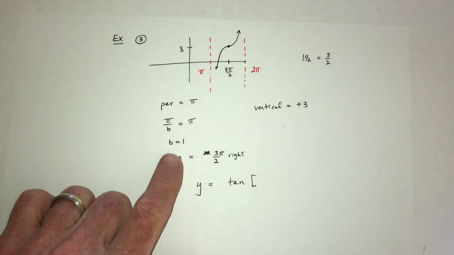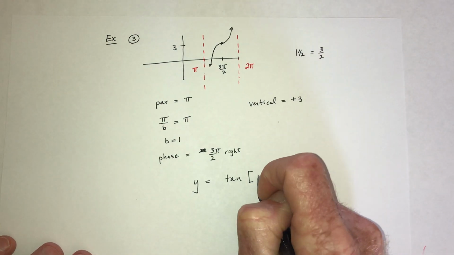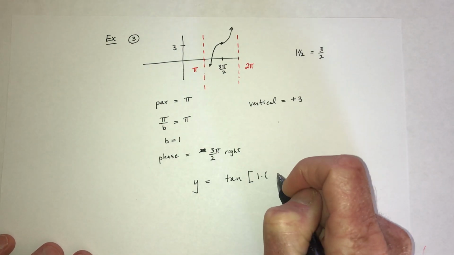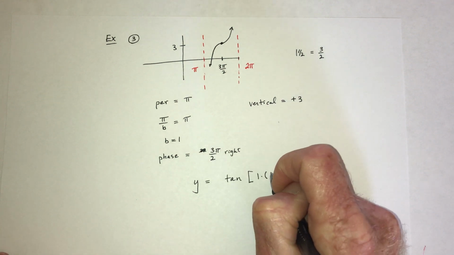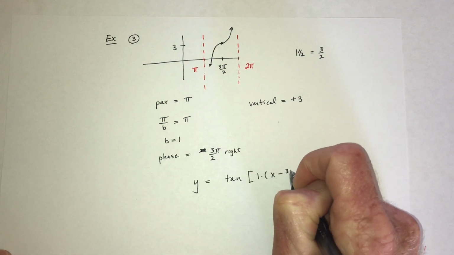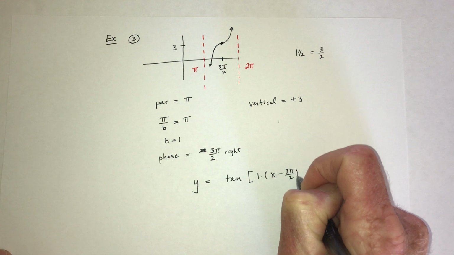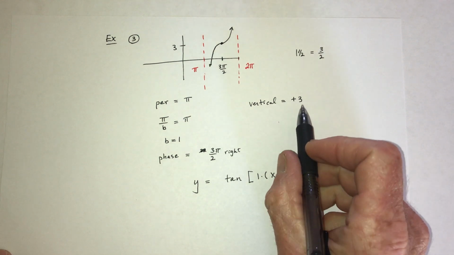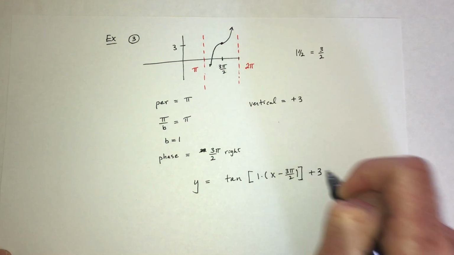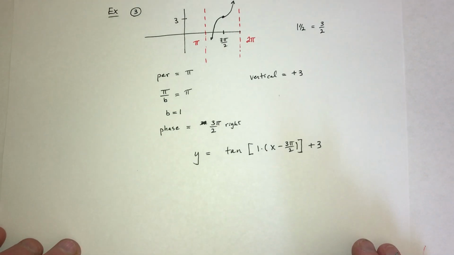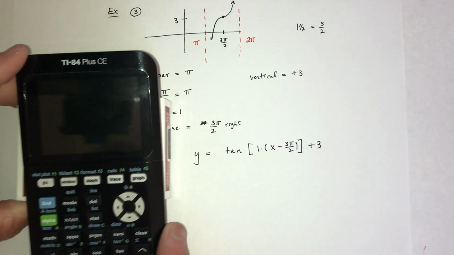And according to my math over here, that would be a 1 times, shifting to the right actually means x minus 3 pi over 2. And then vertical shift plus a 3. And now I'm excited to see, did I get it right?